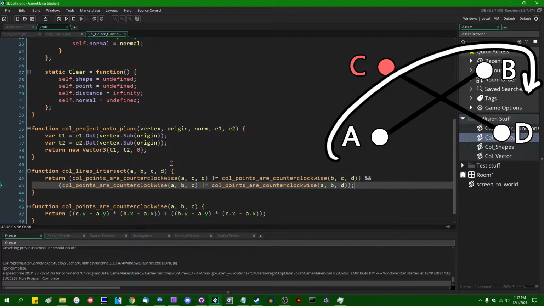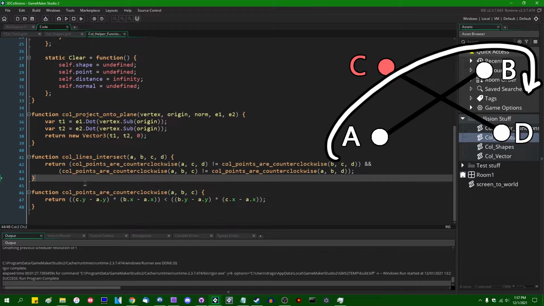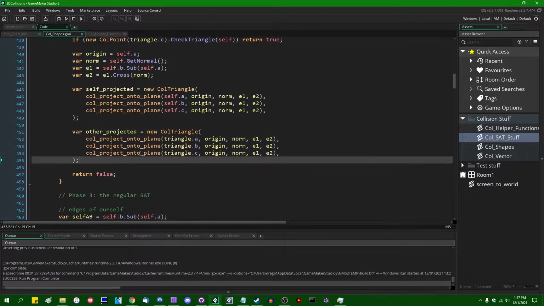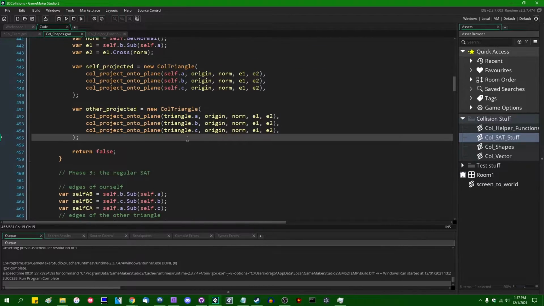All right, parentheses are in the right place. Good. This is a function which will check to see if two-dimensional lines intersect. And now we can hop back over to the checkTriangles code, and we can actually use this.